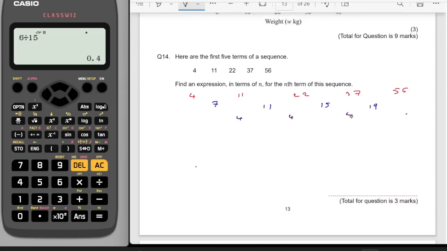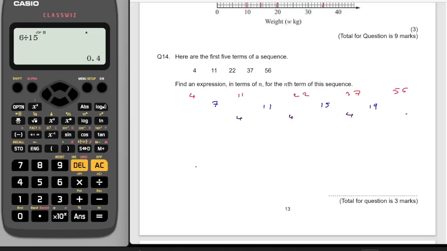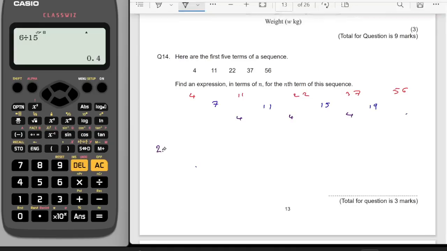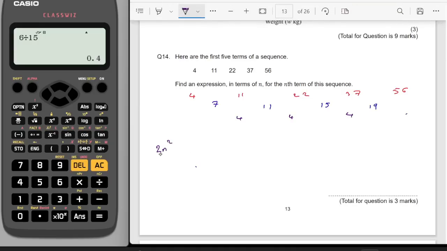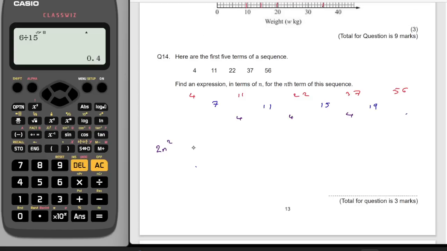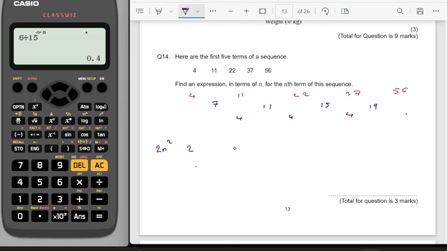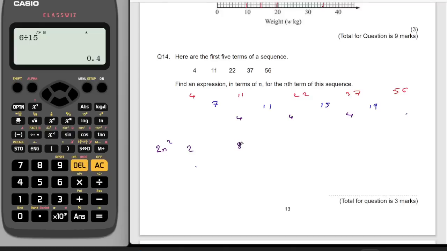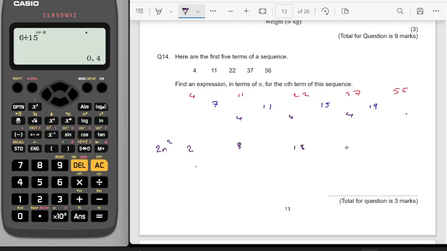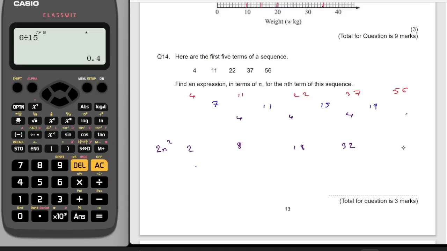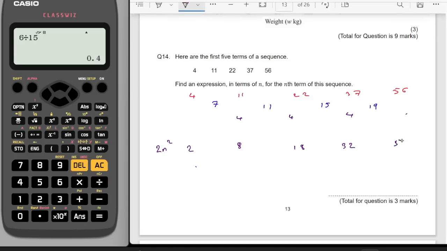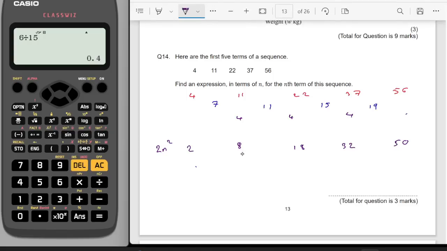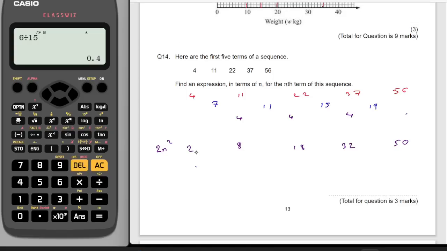So that implies that I would have a half of this value n squared. So I'm going to have 2n squared somewhere in my sequence. So if n is 1, 2n squared would be 2, 8, 18, 32, and 50. So I then look at what I need to add on to my sequence to get to this.